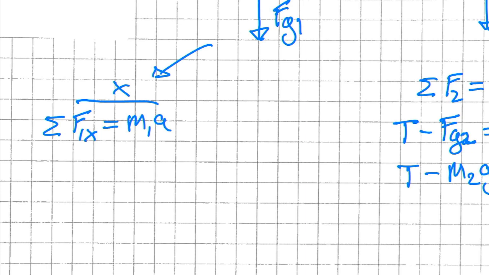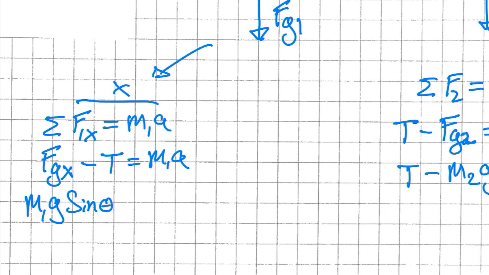That is the force of gravity in the X direction on number 1, minus tension, which was pulling it up the ramp, which was negative, equals M1A. Force of gravity was M1G sine theta minus T equals M1A.